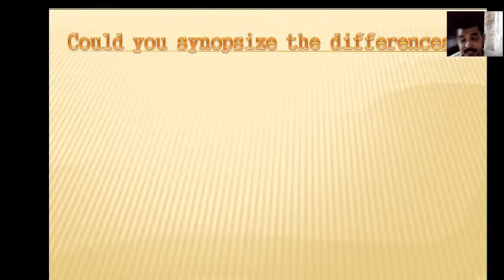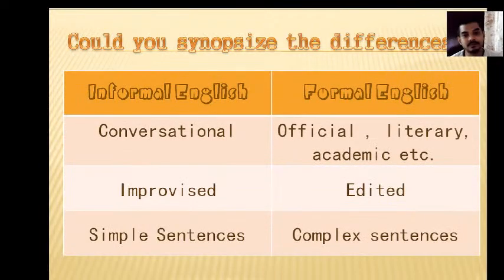Could you synopsize the differences? Yes, this is very important. We have talked about differences, but here we must make a synopsis. So what we have learned so far: informal and formal, a table is made here. First it's informal English.